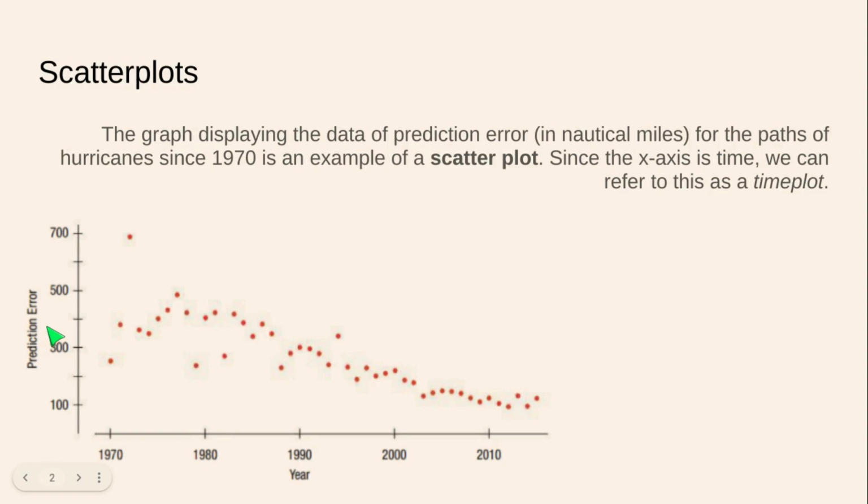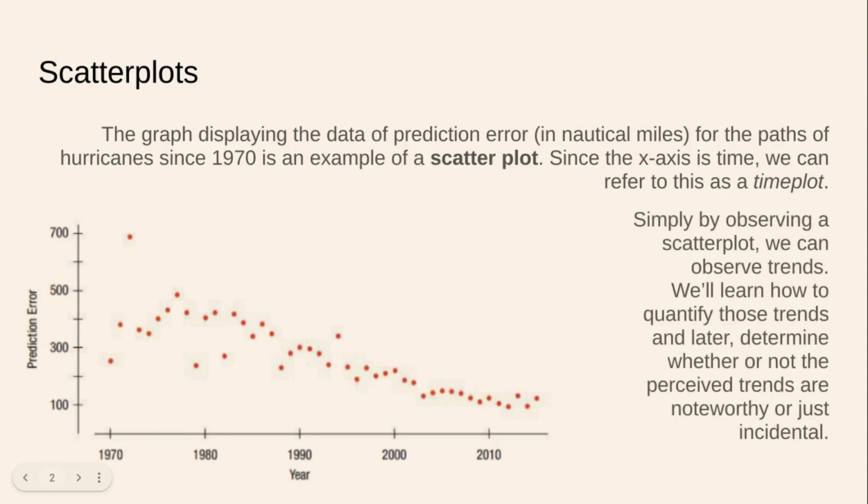called the prediction error. Simply by observing a scatterplot, we can observe trends, and we're going to learn how to quantify those trends and determine whether or not perceived trends are noteworthy or if they're just kind of by chance.